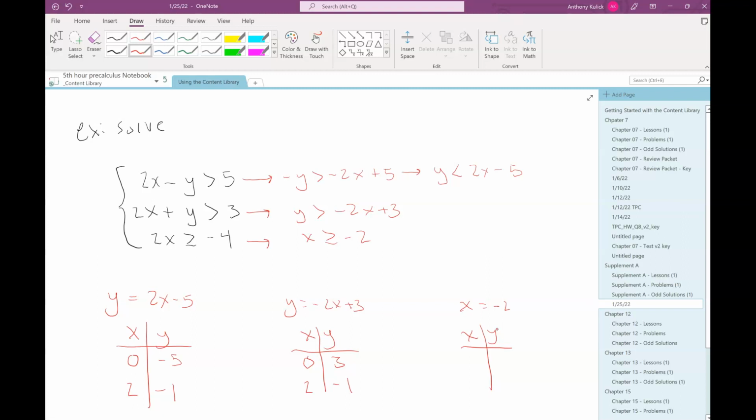When I have an equation like that, what do the x coordinates have to be? Have to be -2, right? The equation is x equals -2. The only value for x that satisfies that is -2. What do the y values have to be then? Is there a y in the equation? No. What does that mean y's can be? Anything you want them to be. So maybe 0 and 1.